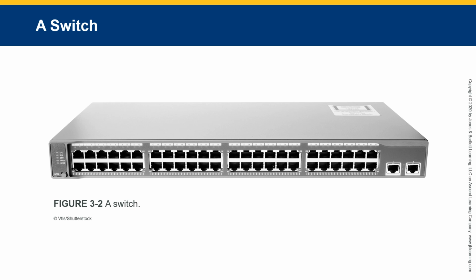And that led to the development of the switch. The switch allowed traffic to be coming in one switch port and then be routed to another switch port. This was done with software using a MAC address table that was kept in software.